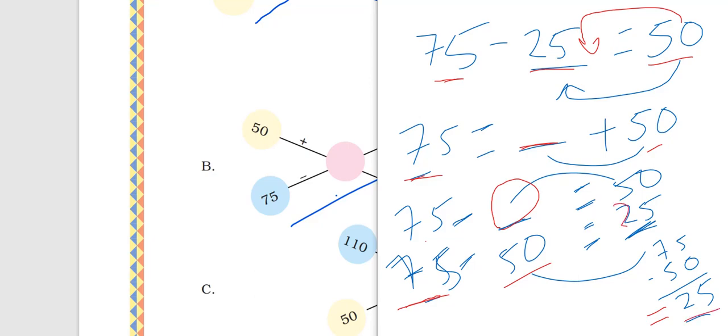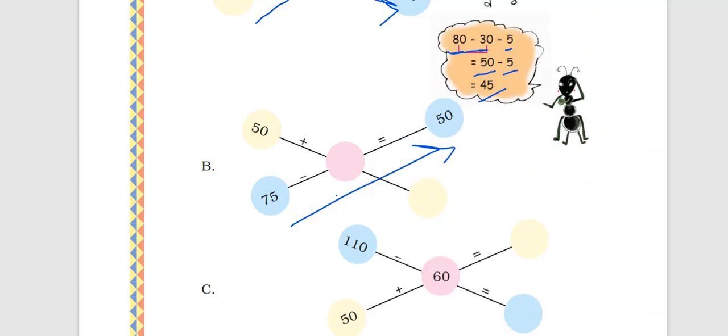So we write down 25 over here. So 50 plus 25 is 75, or 75 minus 25 is 50. Right? So we have 25 as our answer.